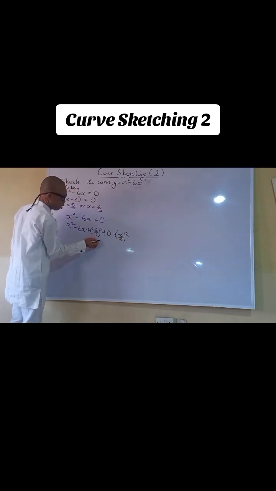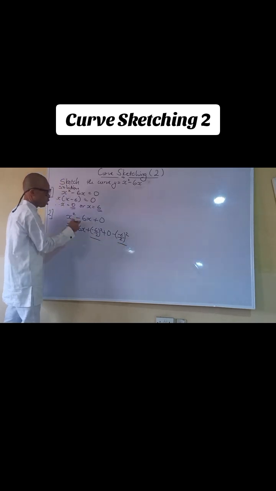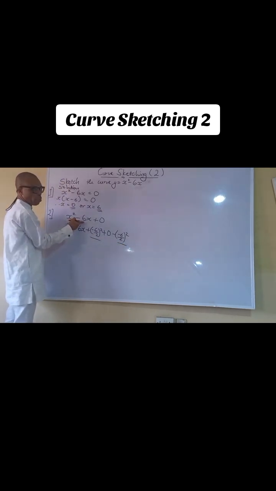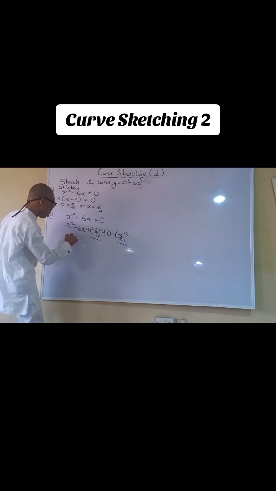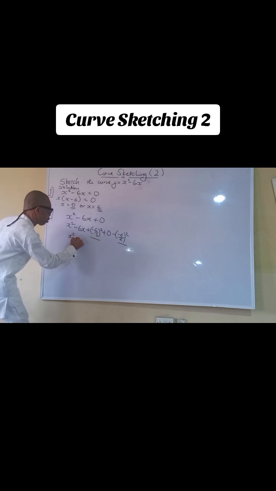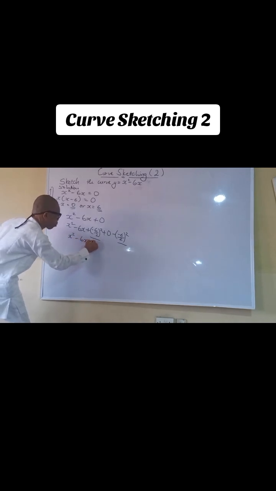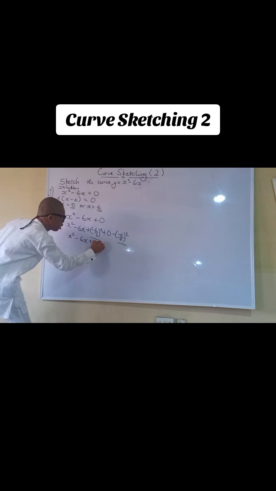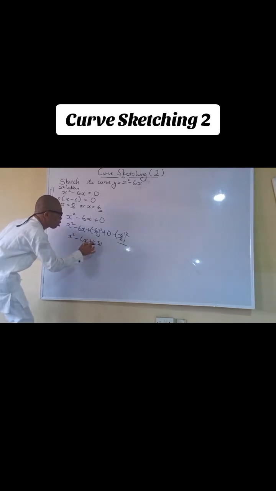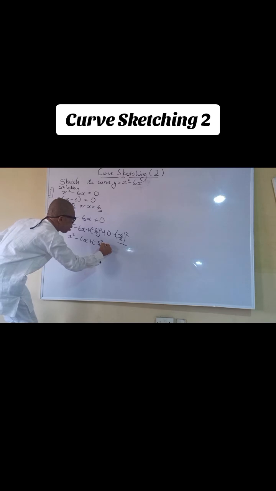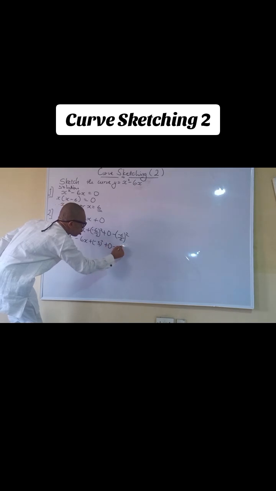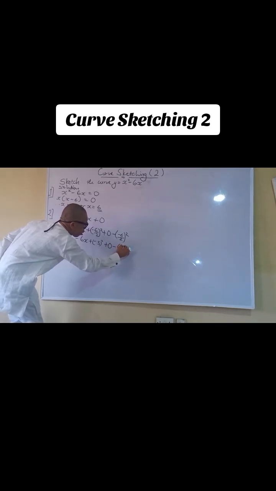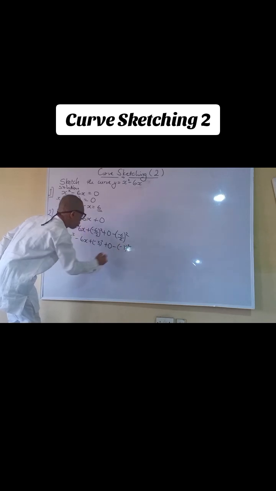So I'm adding and subtracting the square of half of the coefficient of the first power term, which is minus 6. So this is the same thing as x squared minus 6x plus (minus 3) squared plus 0 minus 3 squared.